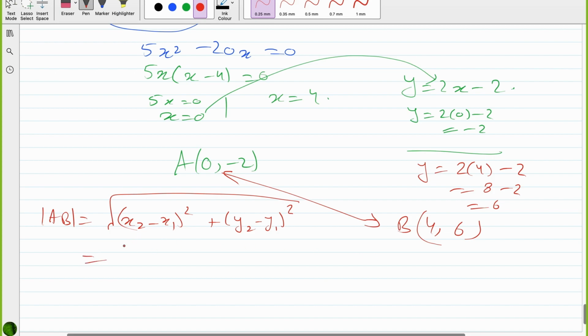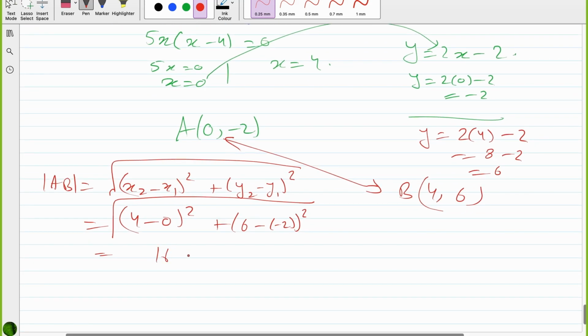X2 is 4 minus 0 whole squared plus 6 minus 2 squared, square root. 4 square is 16, 8 square is 64 and 16 plus 64 is 80, square root. Square root 80 is 4 square root 5.